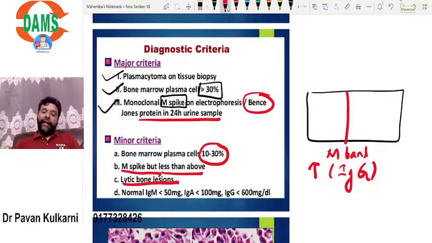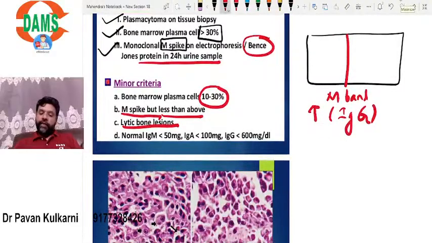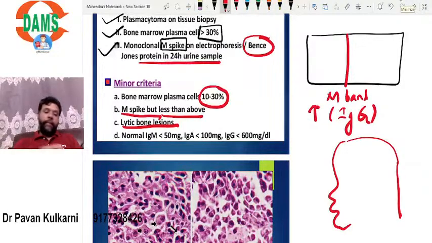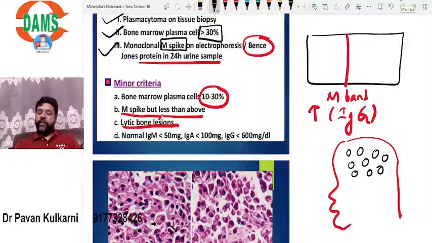All of us know that if you see the skull, let me draw roughly a skull. Suppose this is a skull. We know that in multiple myeloma, the skull radiograph will show such punched out multiple radiolucencies. This is called lytic bone lesions. That is again a minor criteria. Thirdly, the IgM level normally is less than 50 mg.